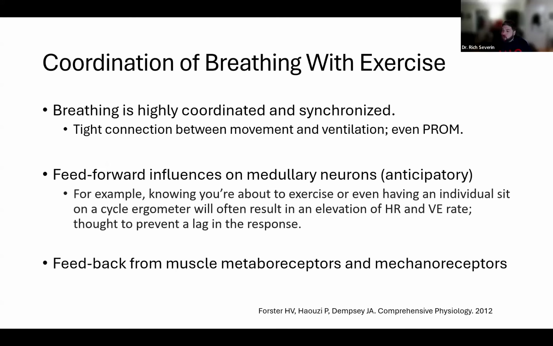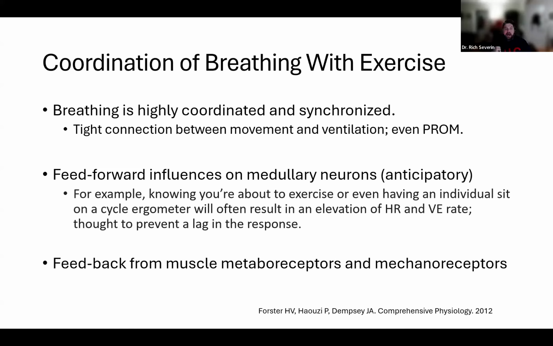What's kind of cool, like I mentioned, there are chemoreceptors, which are important, right? That's what the DRG is really processing, but there are sensory inputs from everywhere, the lungs themselves, and even metaboreceptors in the breathing muscles. We'll talk about that later. We're also finding that there's a tight connection between movement and ventilation.